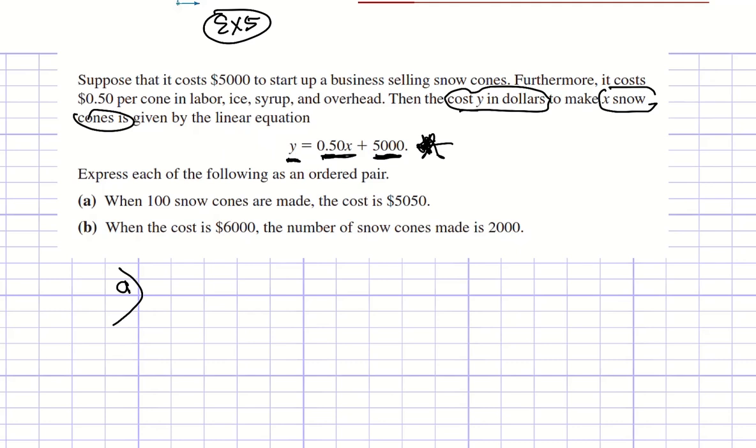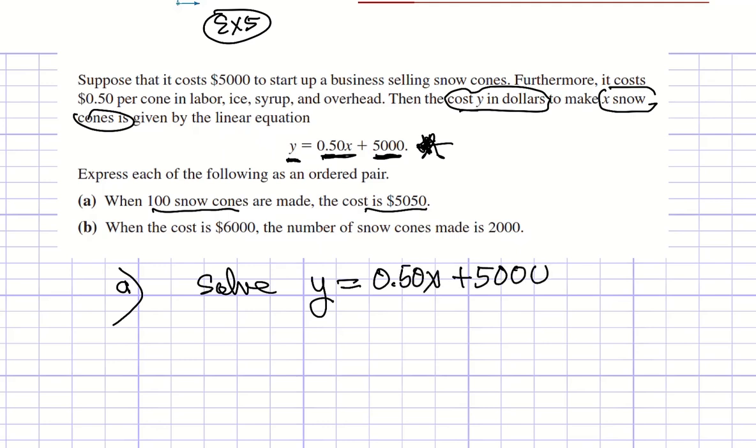And then basically what they say, when 100 snow cones are made and the cost is this, expressed as an ordered pair. What they say basically is solve y equals 0.5x plus 5,000.